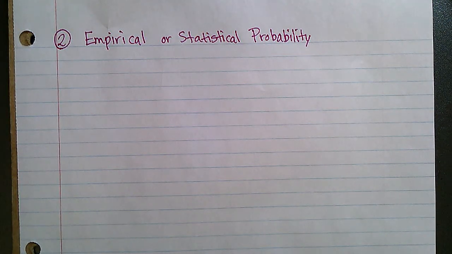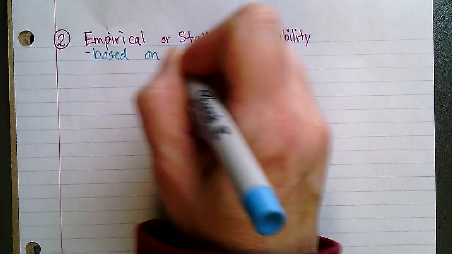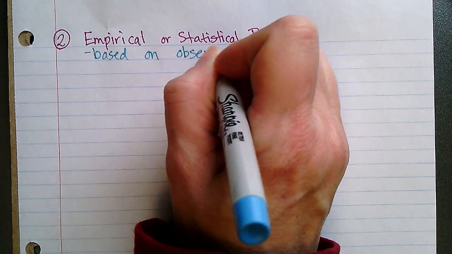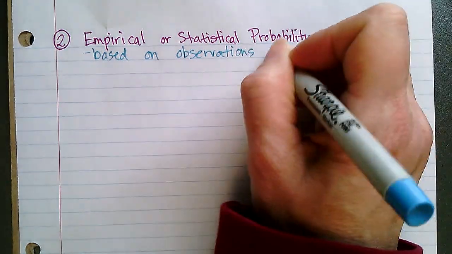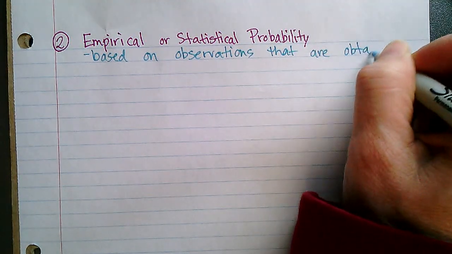The second type of probability that we need to talk about is called empirical or statistical probability. And this is probability that is based on observations that are obtained from probability experiments.